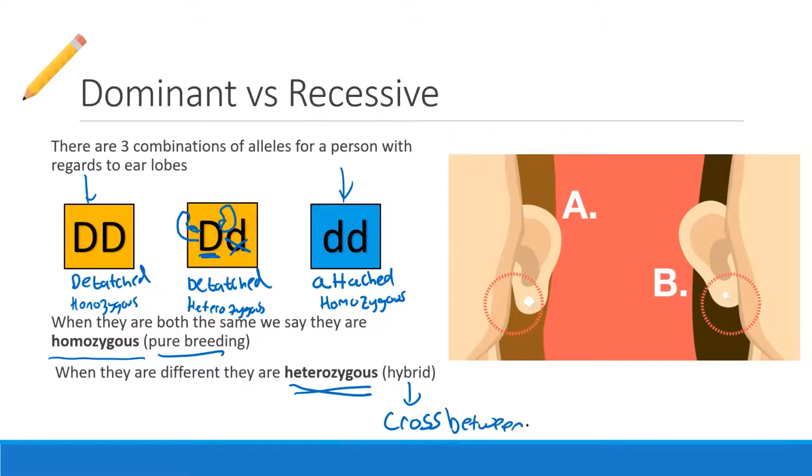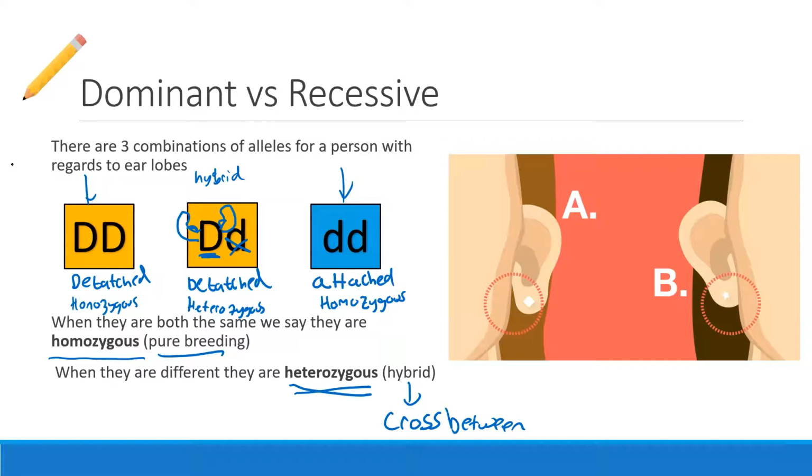So if you talk about a wolf hybrid, then that's going to be part wolf, part something else. In this hybrid at the top, we've got half dominant, half not dominant. In a hybrid car, you have half electric, half petrol. That's why we use the word hybrid.